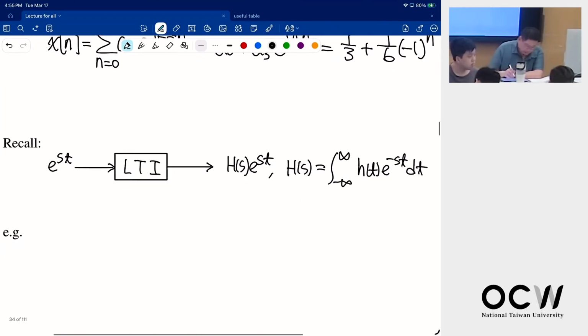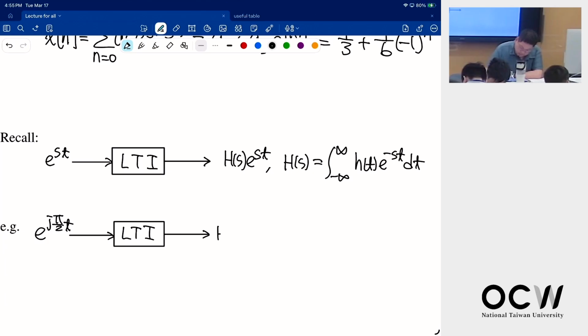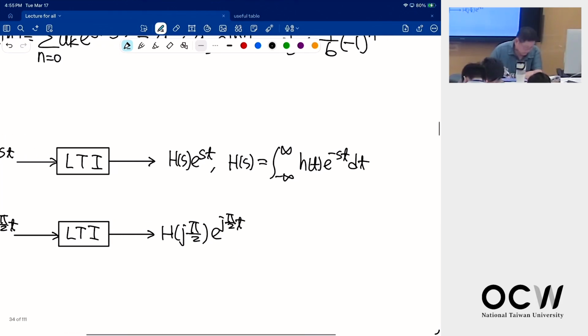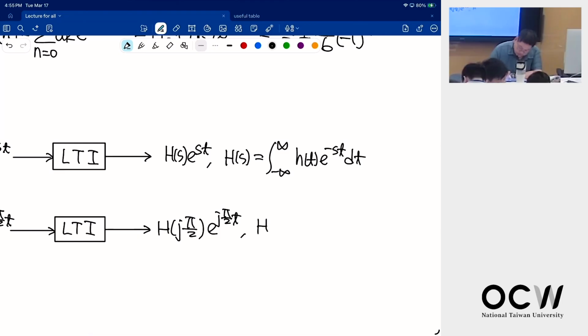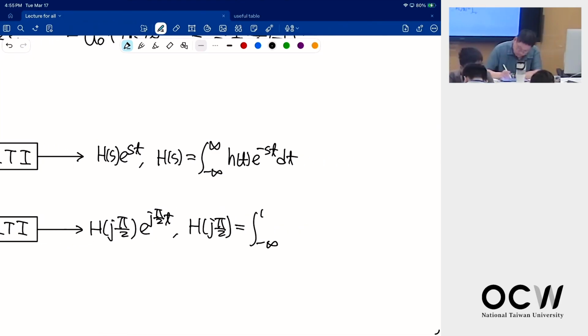For example, e to the j pi over 2 t, send it to the LTI system. Then we should have H of j times pi over 2, and we still have the input e to the j pi over 2 t. And this H of j pi over 2, we call H the frequency response.